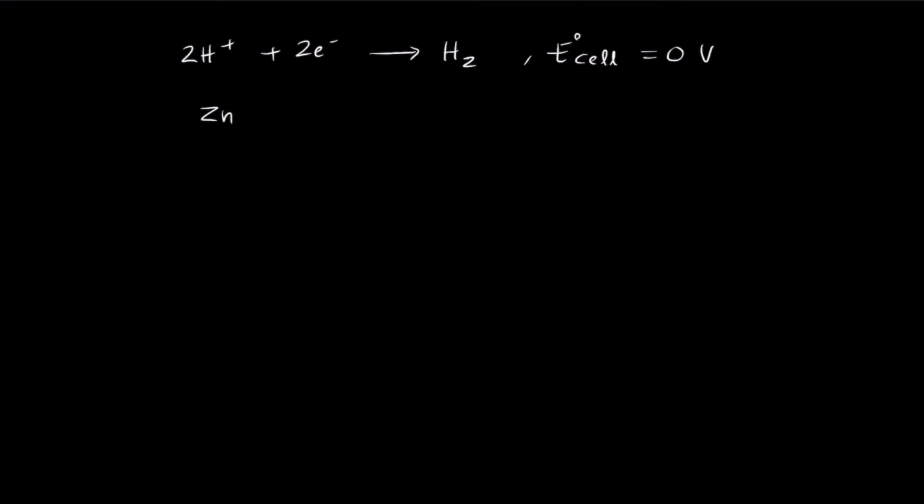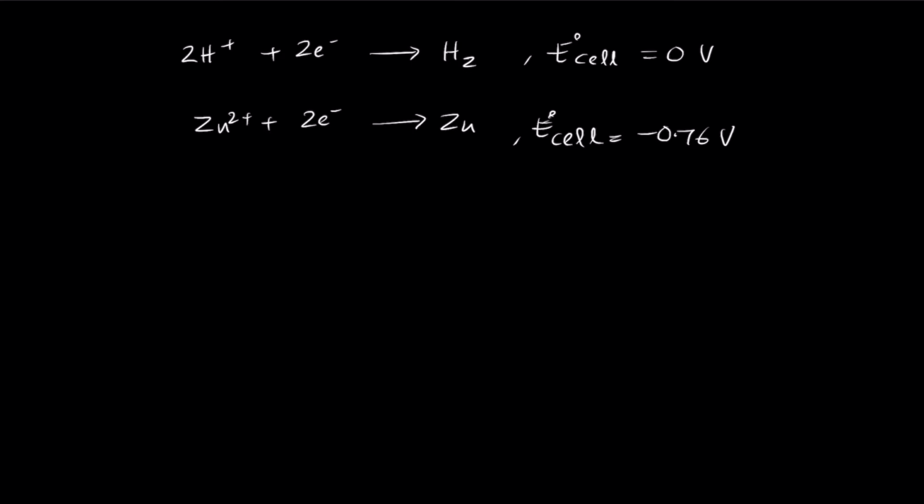For zinc, Zn2 plus 2 electrons becomes Zn, and the standard cell potential is negative 0.76 volts. These values are generally given in the final part of the table.